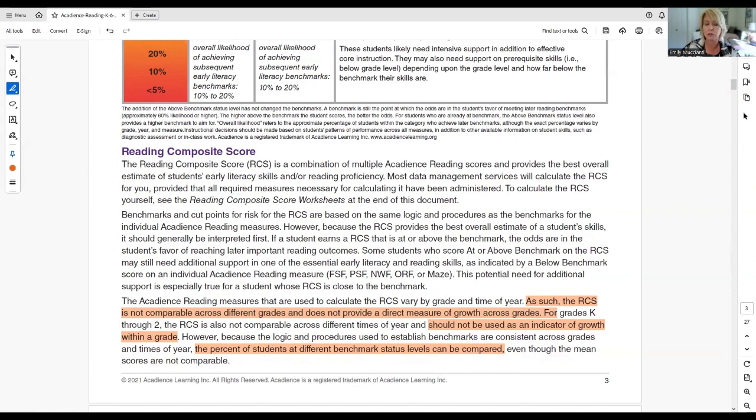So when we are looking at our scores and we are seeing this percentage of students are on target, are at benchmark, are below benchmark, we can compare that, like how many kids are below or at or above benchmark. That band we can compare. What we are saying is that we cannot compare the individual scores of that composite. Let me give you an example.